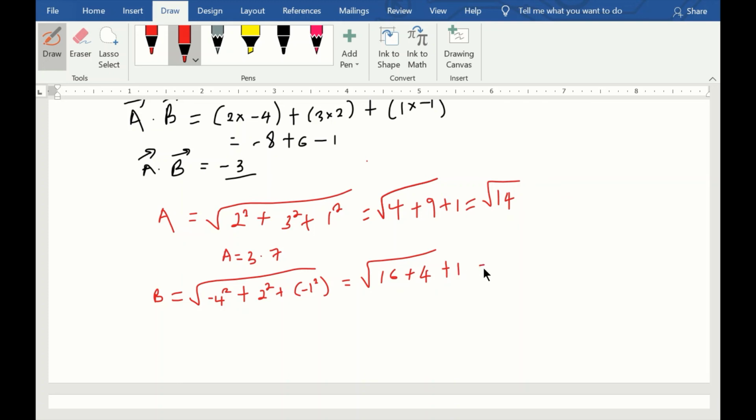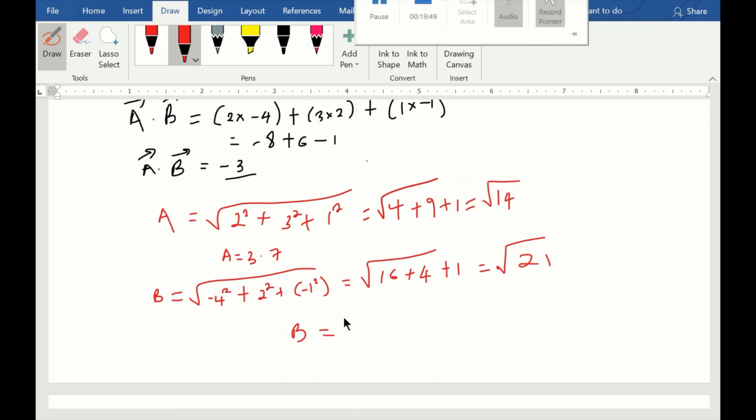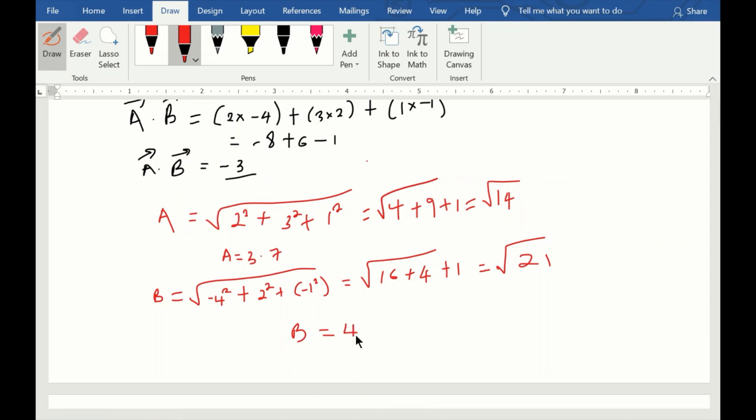So 16 plus 4 is 20, plus 1 is 21. What is the square root of 21? We have 4.6. So that is the magnitude of B.